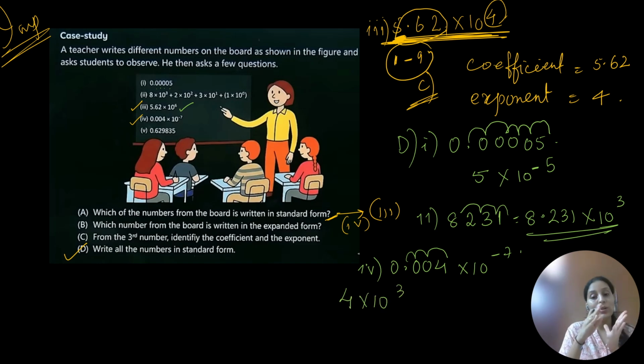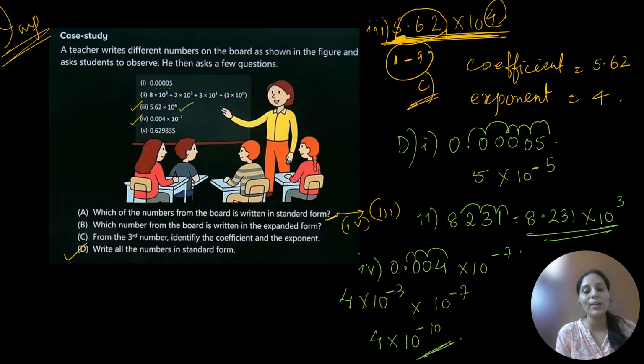Now 3 steps towards the right side. So when it is moving towards the right, what happens? It is negative. Into 10 power minus 7. Let me write it. So 4 into 10 power, you will apply the law same basis multiplication. You add the powers. 4 into 10 power minus 10.